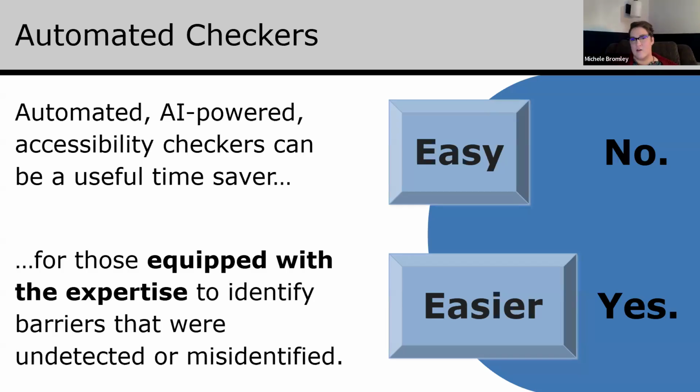For digital content designers who are equipped with the expertise and tools to effectively identify accessibility barriers that have gone undetected or been misidentified by the tool. Basically, are these tools an easy button? They are not. No. Are they an easier button?